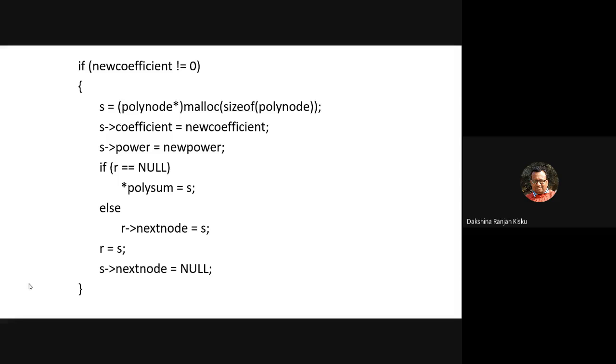Okay, and then we are making s next node equals null. So after having the new node in the existing polynomial, we are making s next node equals null. That means the link part of the last node will point to null. Okay, so therefore we have to assign the null value to the link part of the last node. So therefore we are making s next node equals null.